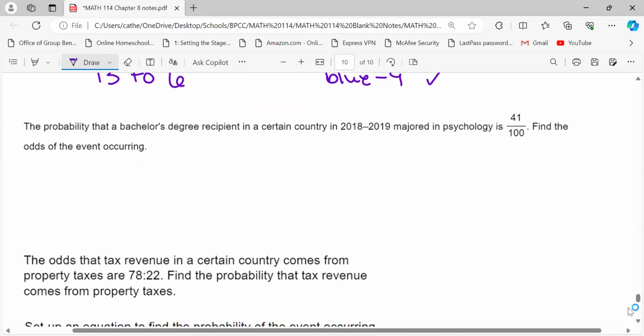Finish this up. The probability that a bachelor's degree recipient in a certain country in 2018-19 majored in psychology is 41 out of 100. So 41% chance that they majored in psychology. Find the odds of the event occurring. So we're looking for the odds in favor a degree is in psychology.